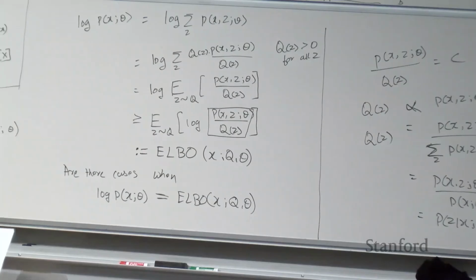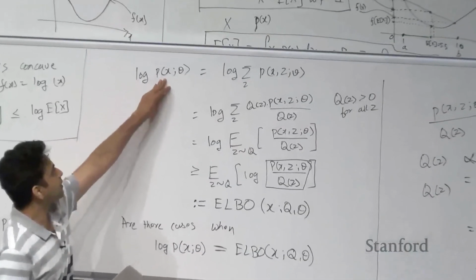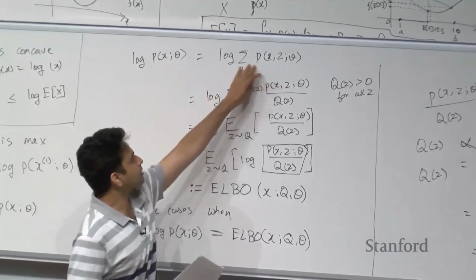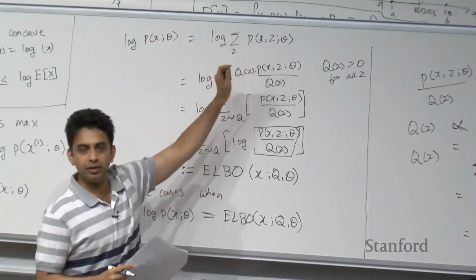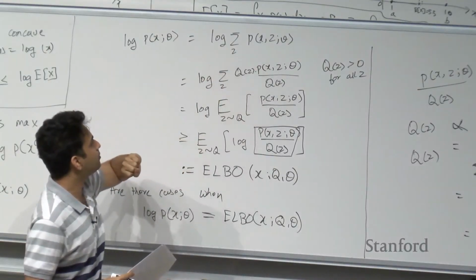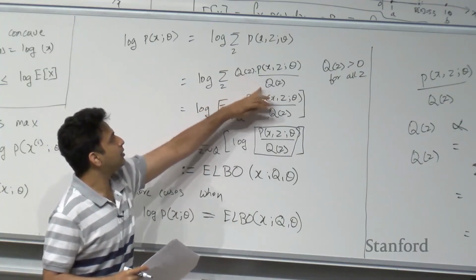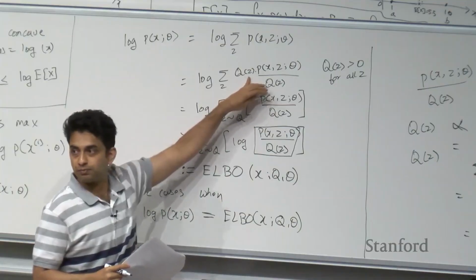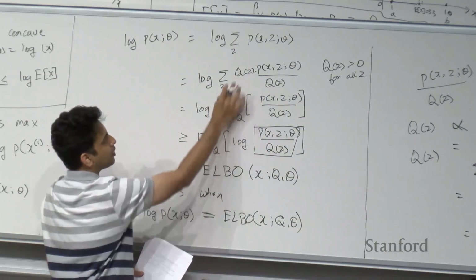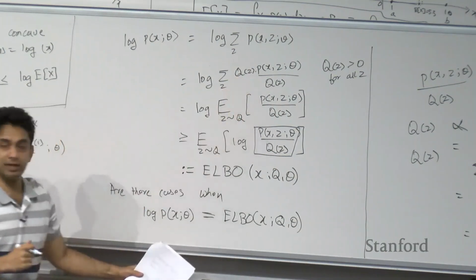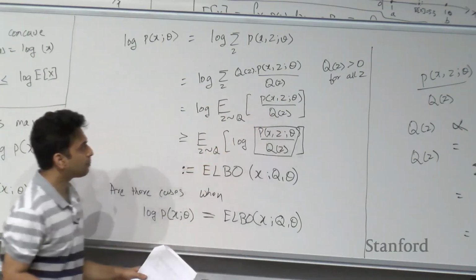Lots of moving parts, yes. So we started with log P of x and wrote it out as the sum over z of the joint. There's nothing fancy going on here. We are just marginalizing out the z, and then we multiply and divide by some arbitrary distribution q, and by doing so, the numerator allowed us to write it in the form of an expectation, and this stayed in the denominator.